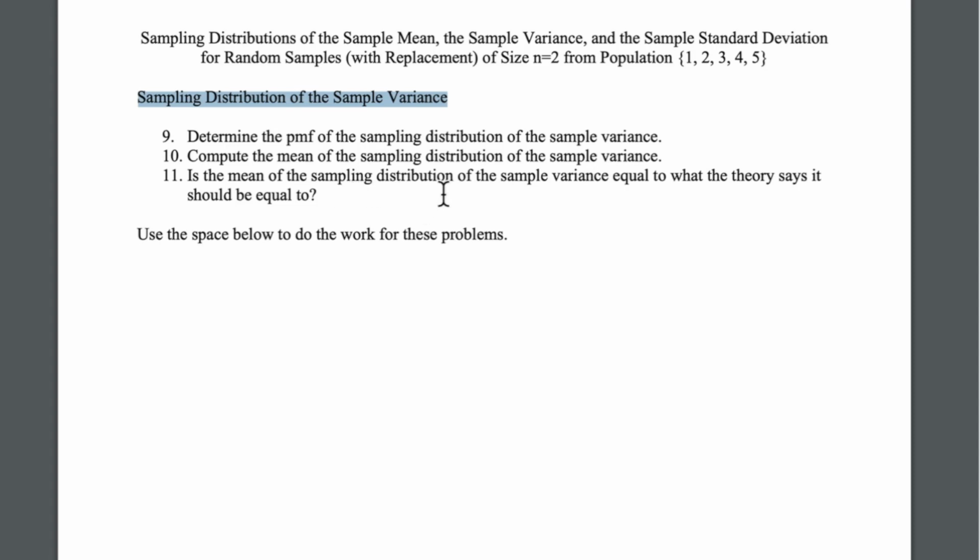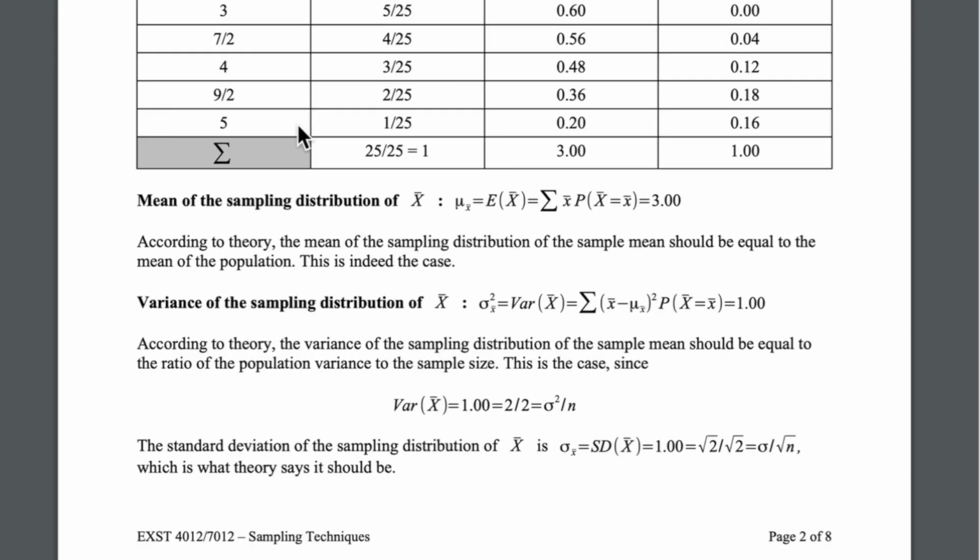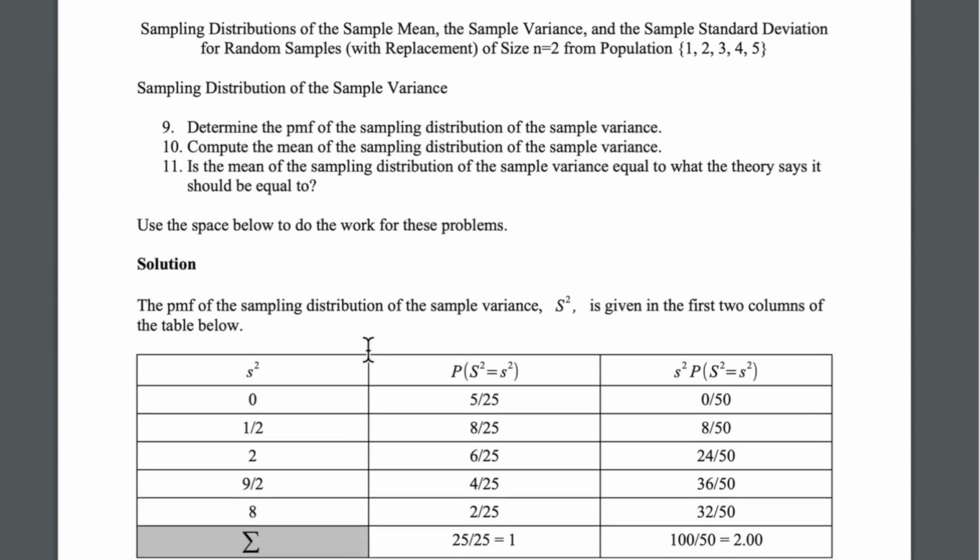We're not interested right now in the variance of the sampling distribution of the sample variance. We're interested in the mean of its sampling distribution. All right, so let's take a look at this next page.